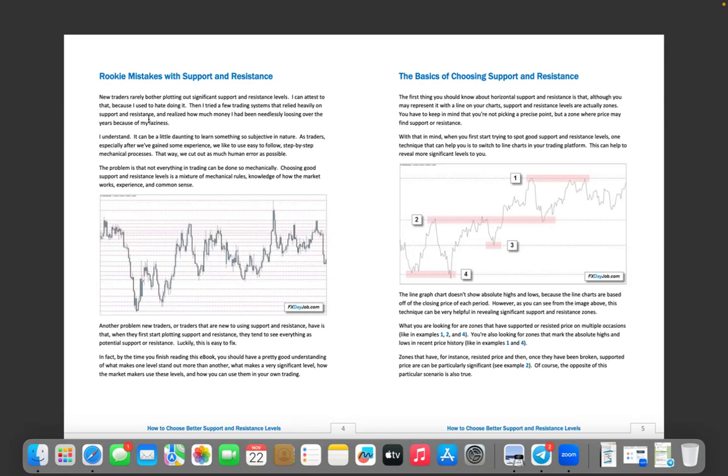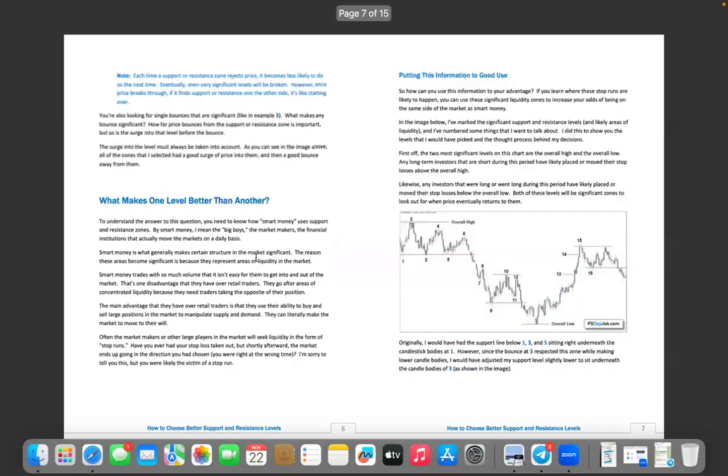Then I tried a few trading systems that relied heavily on support and resistance and realized how much money I had been needlessly losing over the years. Not every beginner has the knowledge of using support and resistance. Understanding it after knowing how to use your trend line is the next confluence you can know to start making money. If you just know support, trend line, and support, you are good to go.